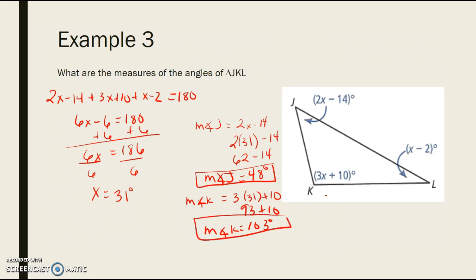And so last but not least, our measure of angle L. Measure of angle L will be x minus 2, which is 31 minus 2, and 31 minus 2 is 29. So the measure of angle L equals 29 degrees. And so that's how we find all three given a more algebraic problem. And so that is it for the interior angle theorem.